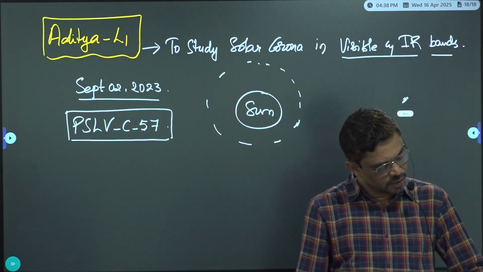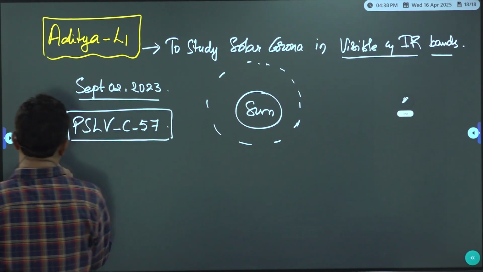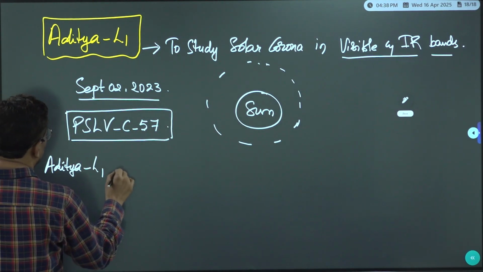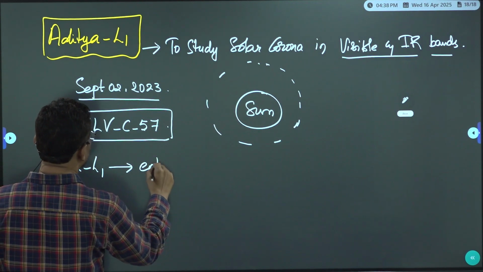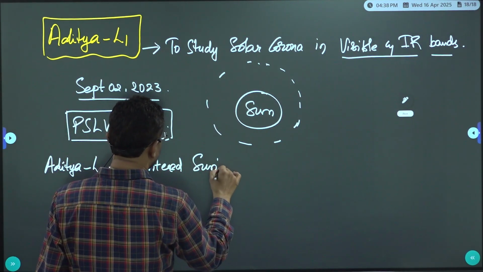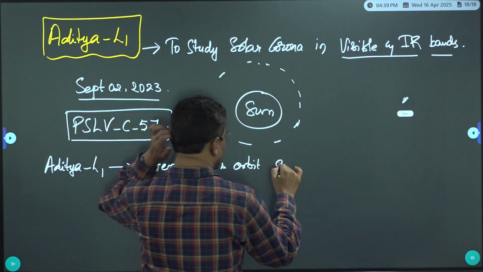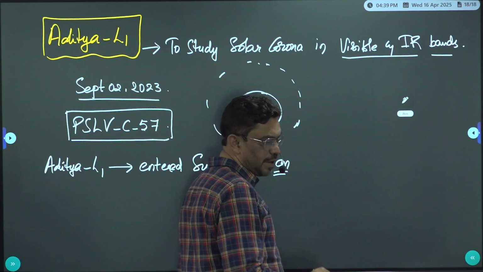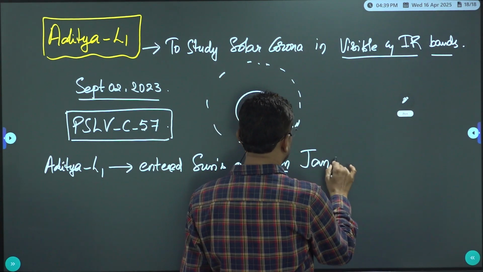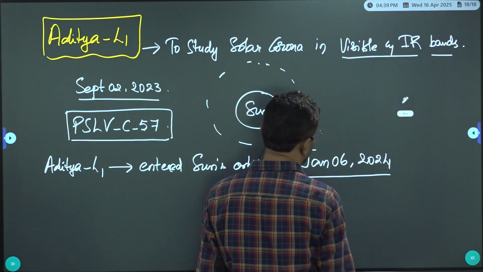And Aditya L1 entered the Sun's orbit on January 6th, 2024.